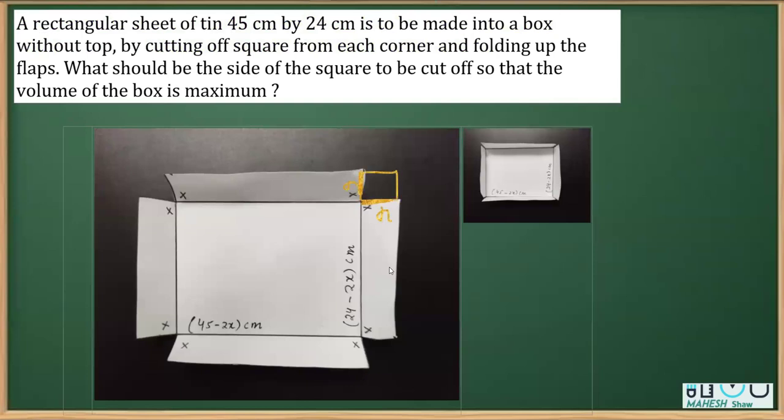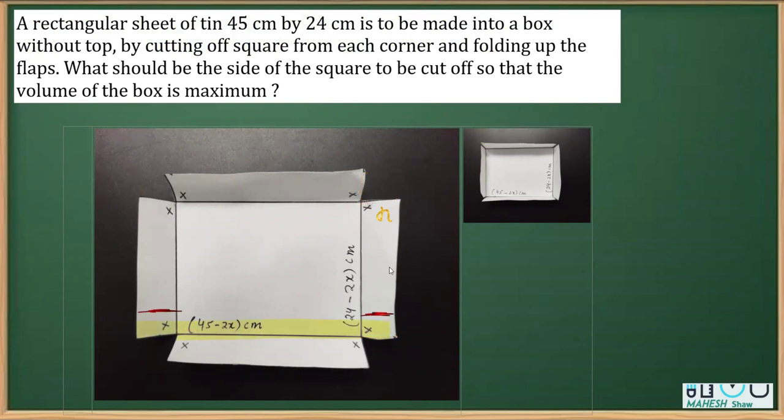So we can see that the original length at the beginning was 45. Once again I'll show you that the whole length was given as 45, and we are cutting x from this side and x from this side.